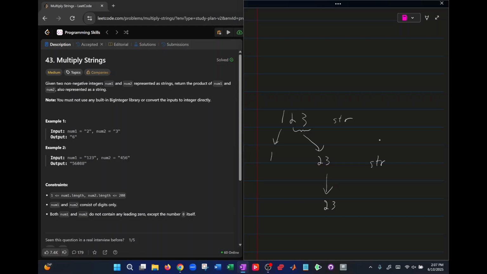You can convert 23 to an integer, and for 1, you could count that this 1 was the third digit, so let's multiply it by 100 to get the digits correct. These are now two integers, and you can just add them together to get 123. Then you do the same thing for num2, and you multiply the results, and there you go.